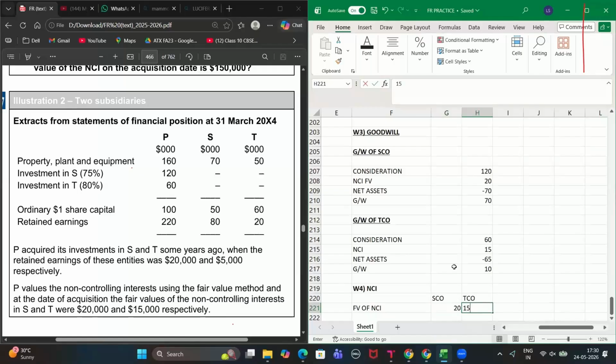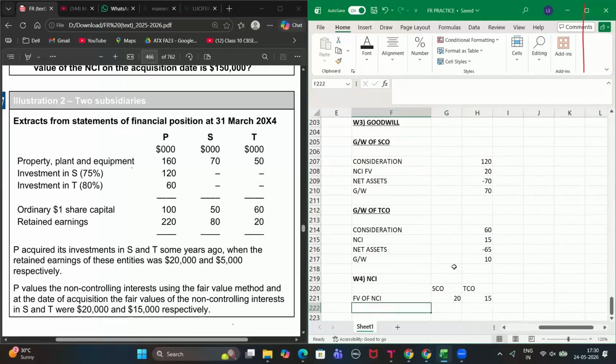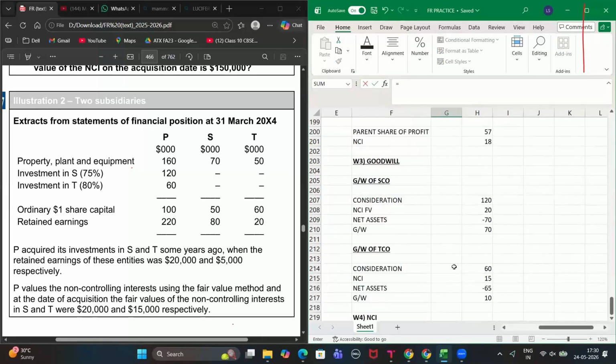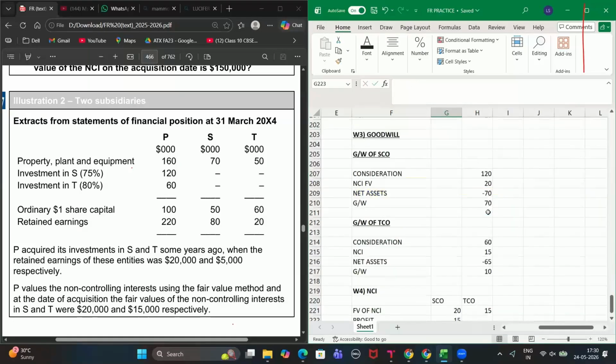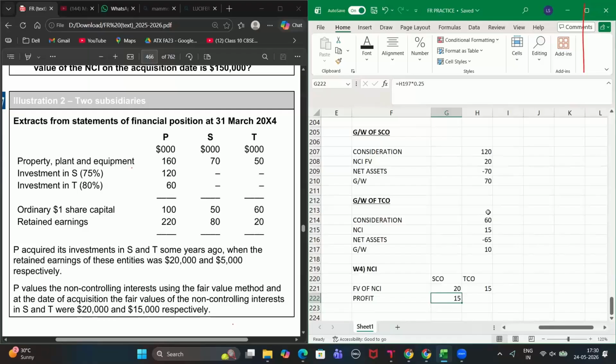What about T company? It's 15. What next? Profit. What is the profit attributable to NCI here? This was the total profit of S company into how much percentage? 0.25, right? So it is 15. Am I right?